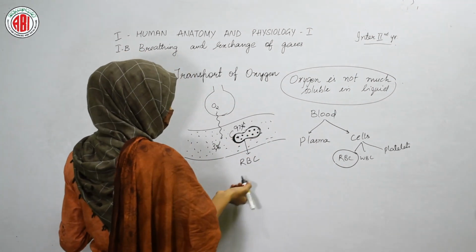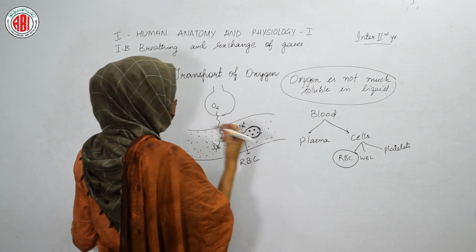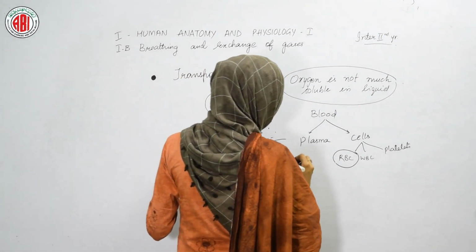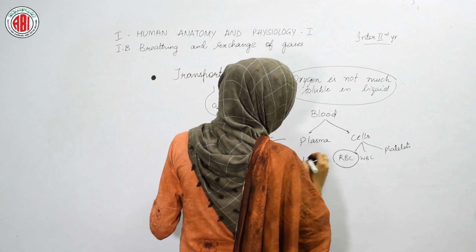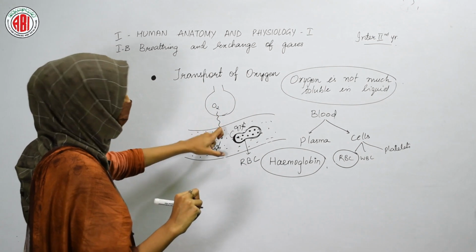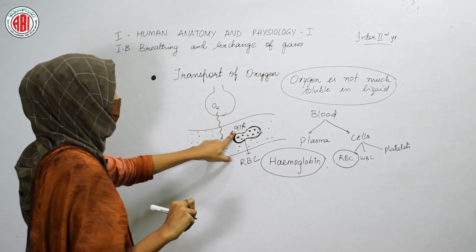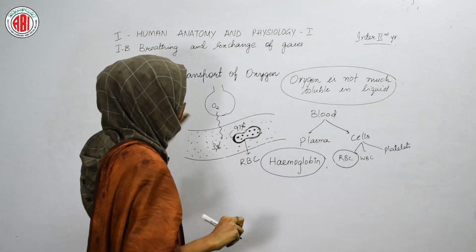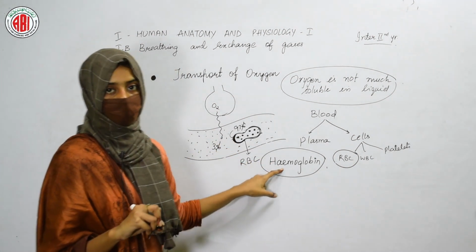The substances present in the red blood cells are called hemoglobin. Hemoglobin is responsible to bind the oxygen. 97% of the oxygen is taken up by the red blood cells, and it is going to bind to the hemoglobin.